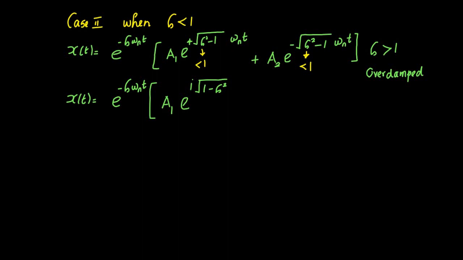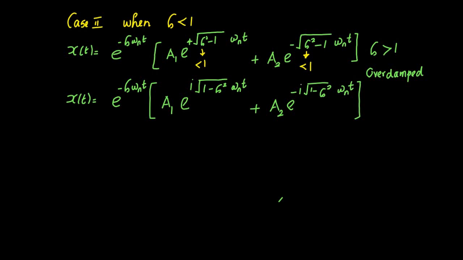And we have a very good reason to do this. The eta damping factor is going to be less than 1, into omega n into t, the same here, plus a2 into e raised to the power minus i into square root of 1 minus eta square into omega n into t. That is our expression.